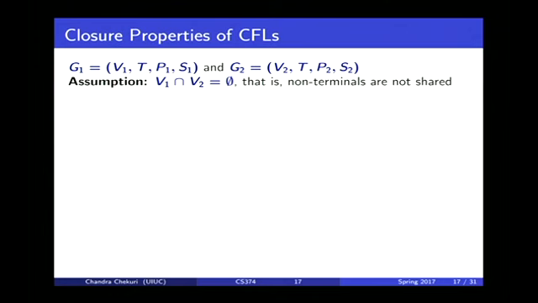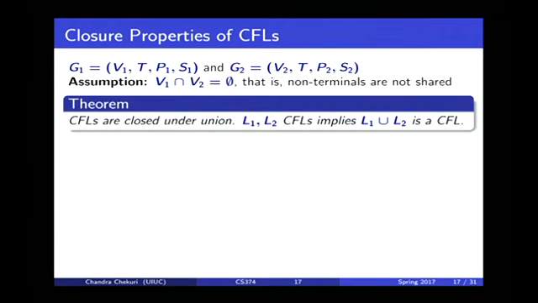If you have S in this and S in that, when you want to put them together, the S gets a little bit tough to understand. So for simplicity, we'll assume that we don't use the same letters in V1 and V2, so that we can keep them separate in our head. Is that okay? Now I want to know if L1 and L2 are context-free languages, is L1 union L2 a context-free language?